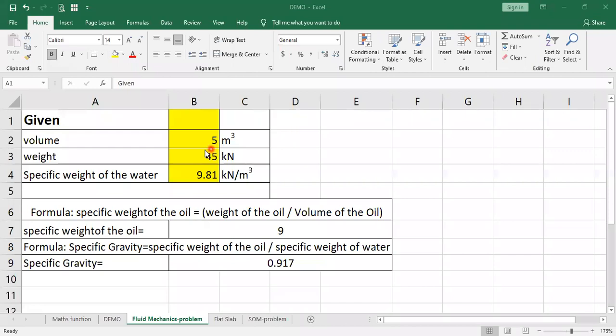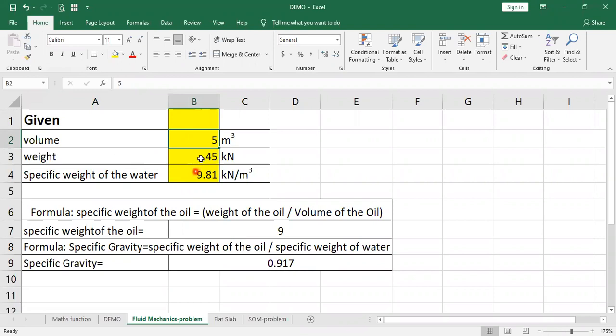Now, as I mentioned, whatever text is there has to be in a different column from the data, the numeric values. So the numeric value for volume, that is 5, you have to keep in a different column. This is the second column.